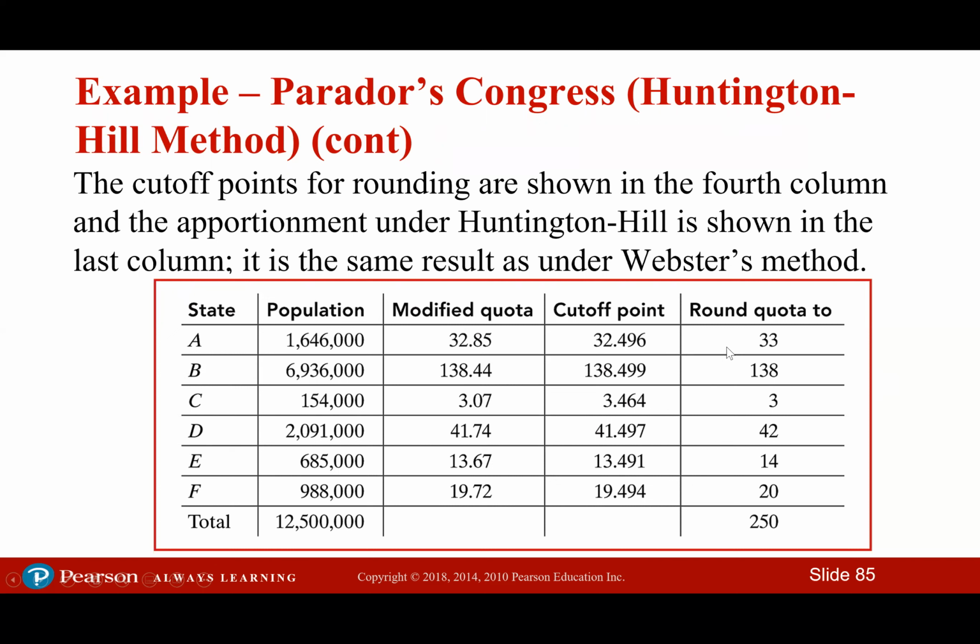So this one still gets rounded up. This was kind of close here. Look at that. This one still gets rounded up. This does not. This does. This does. And this does. Okay, and then notice, wow, perfect.